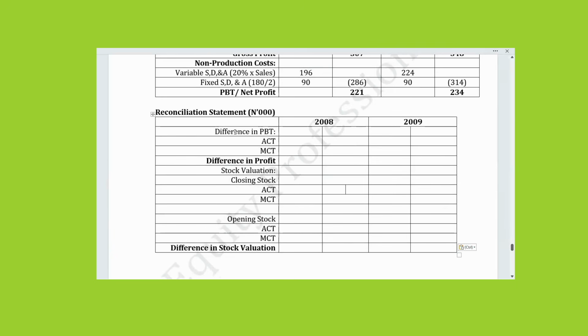Now, under the absorption costing, our profit before tax is 221. Here is 234 in September. This is March 2015. Here is September 2015. Okay.